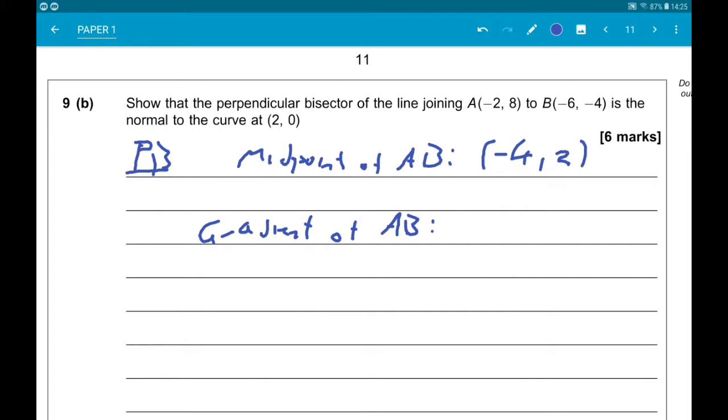So gradient is difference in y over difference in x. So I'm going to do minus 4 minus 8. So that's going to give us minus 12 over minus 6 minus minus 2. So that's going to be minus 4. Now that gives us 3.